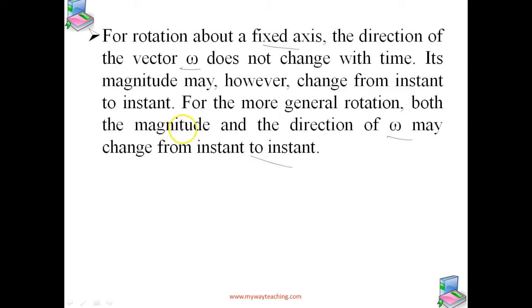See, in case of rotation about a fixed axis, the direction of the vector w will not change with time, but its magnitude may change from instant to instant. But if you consider the general rotation case, in that case both magnitude as well as direction will change.